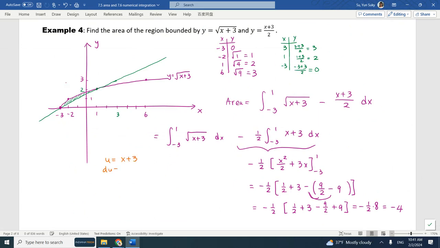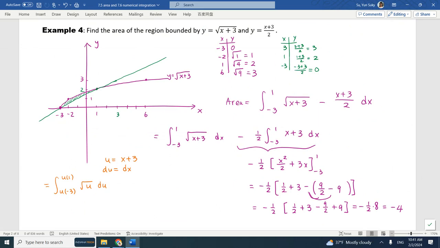What's du? dx. Then this equals the integral from u(-3) to u(1) of the square root of u du. Is that okay, everybody?